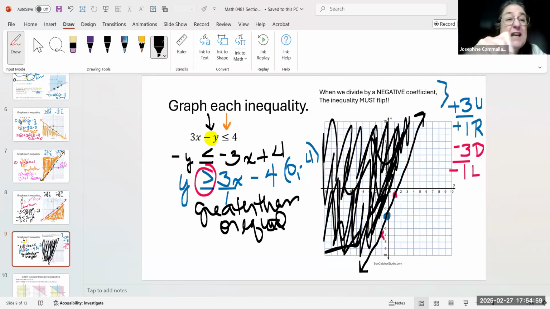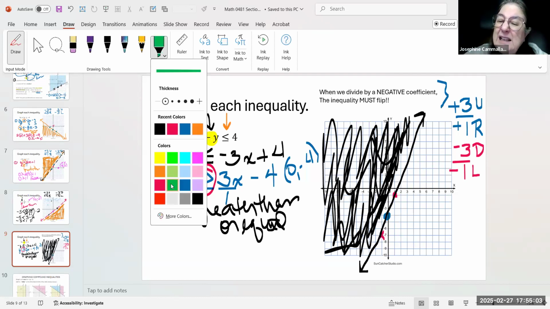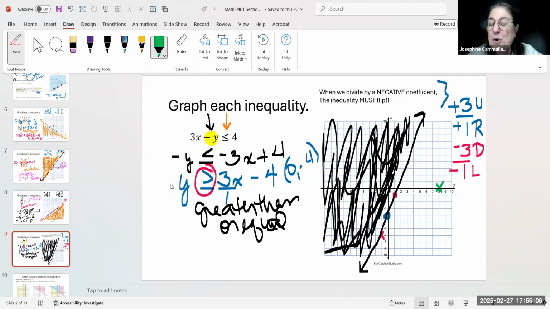And remember, I want to take a checkpoint. I want to make sure that this green dot, or where I put my green X, is going to make my inequality false. With this one you do want to check, because if you didn't flip the inequality, you will get what we call a false positive.